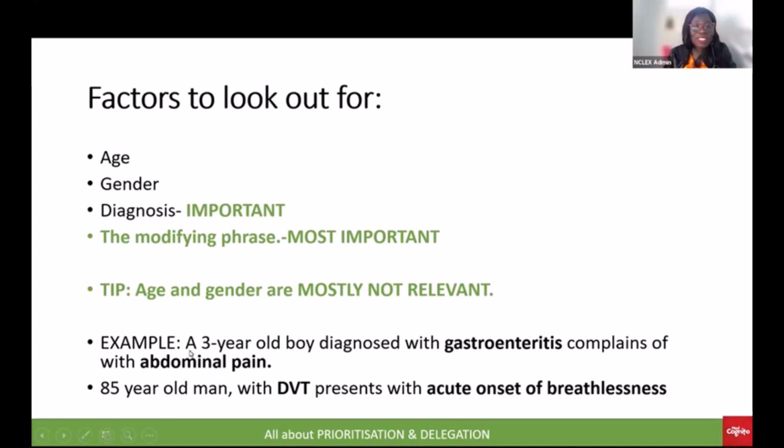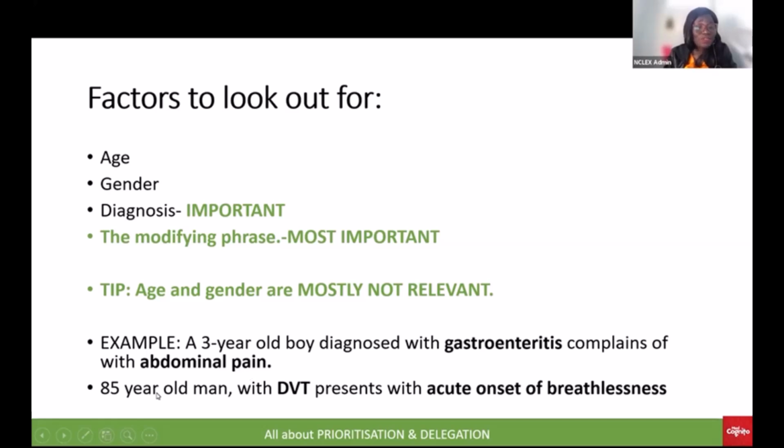Are you going to say, oh, I have to see the child first because he is a 3-year-old boy? But let's look at the key phrases. The diagnosis for the boy is gastroenteritis, and gastroenteritis will surely come with some abdominal pain, and that is the complaint of the boy.